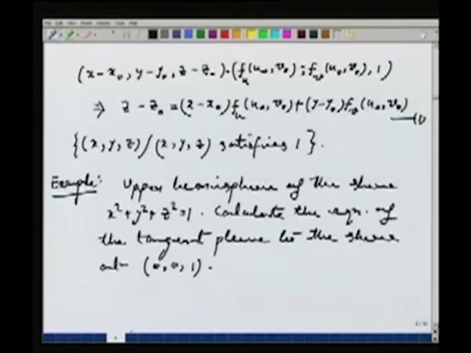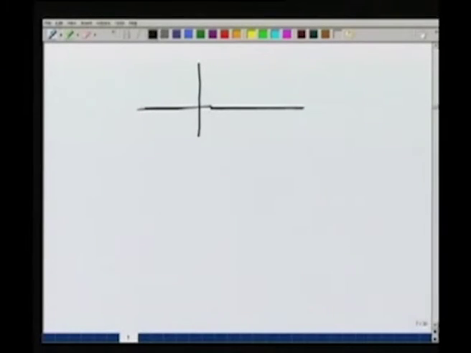Before applying the formula, let us see what it means. I draw the sphere here. I draw the upper hemisphere actually. This is the point (0, 0, 1). We can very easily visualize what exactly is the tangent plane there.